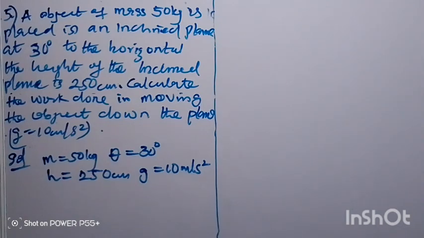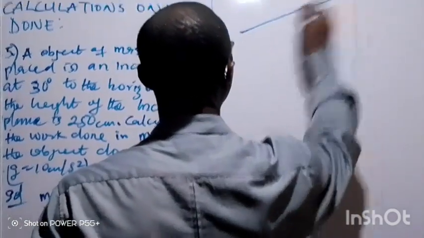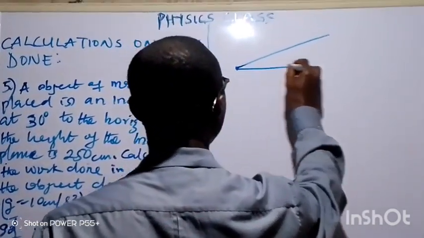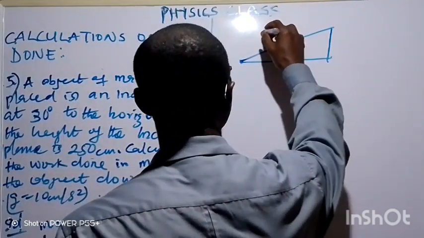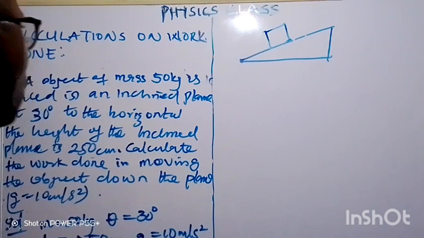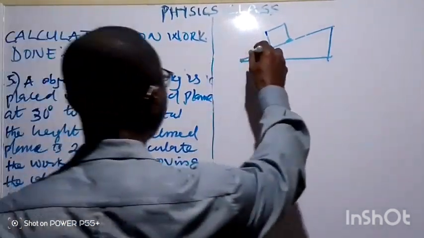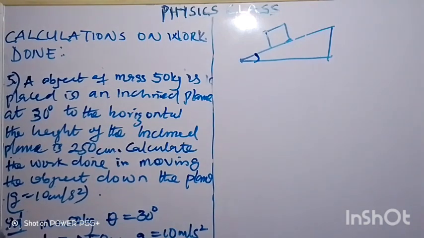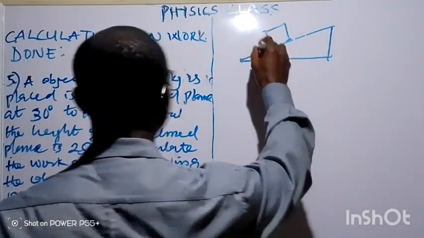Now, let's draw the diagram to see how the solution will look. Let's say this is the object that will be moving down the plane. Don't forget that in this question, I joined the work done to the coefficients of friction that we've done.